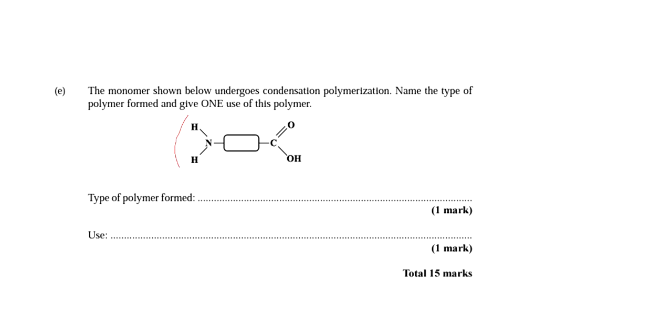We have two functional groups present. We have the amine group, and on this side we have the carboxylic acid group. So name the type of polymer formed. Basically what you're going to get is a polyamide.